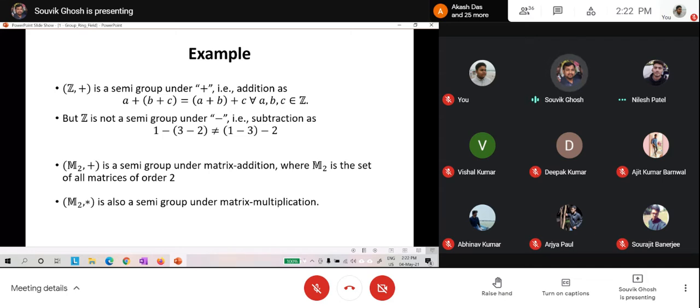Similarly, matrix multiplication holds the associativity property, and if we choose any two matrices of order 2 and multiply them, we get back a matrix which is also of order 2. So matrices of order 2 along with addition and multiplication hold the associative property. So they are semigroups. Is it clear? Yes, sir.